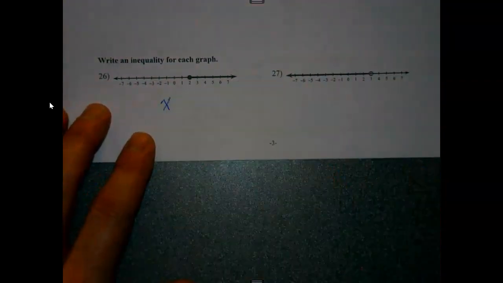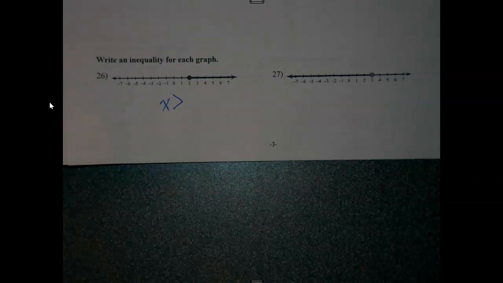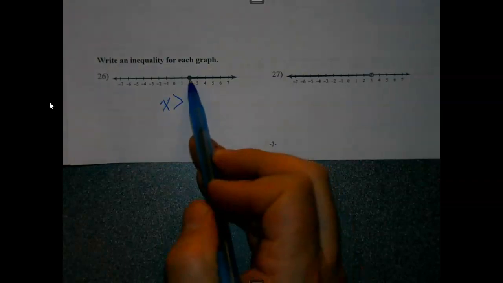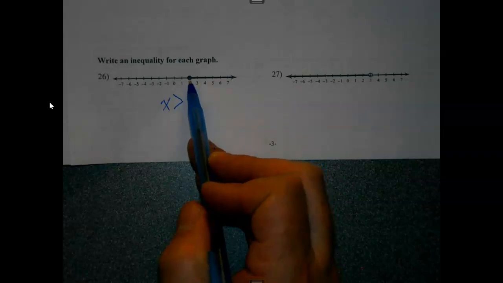Here's what we're going to do. So here, I'm going to have x. Watch the direction the arrow is going for your graph. That's the direction your arrow is going to go. Look to see if your circle is open or closed.